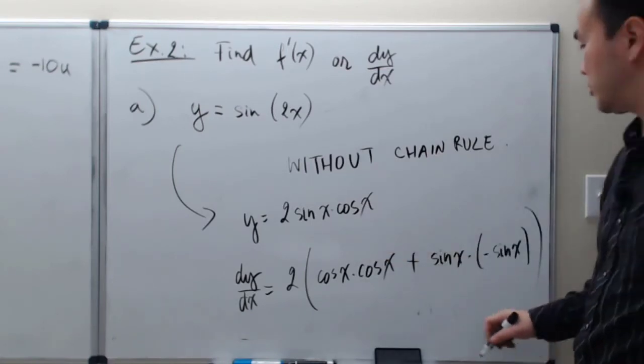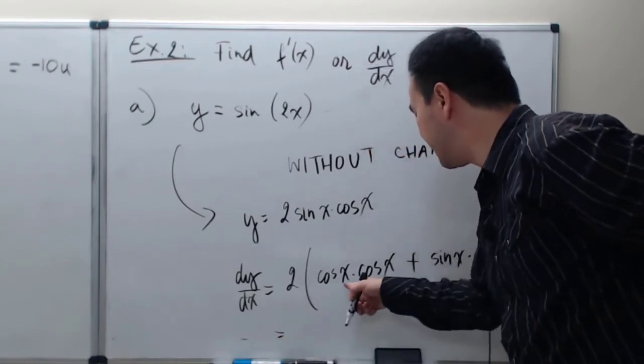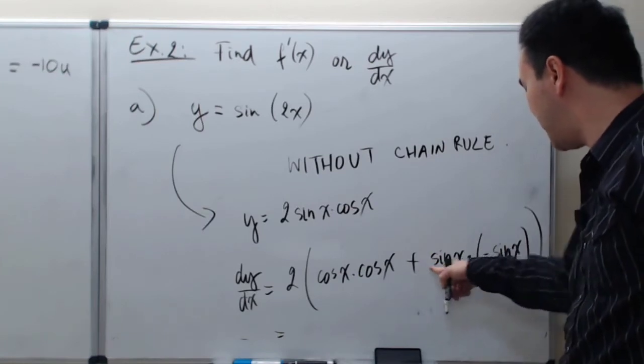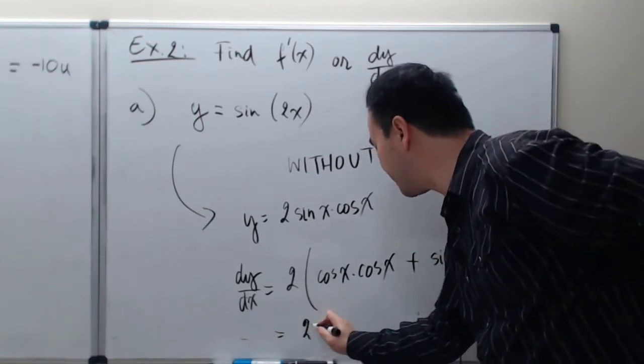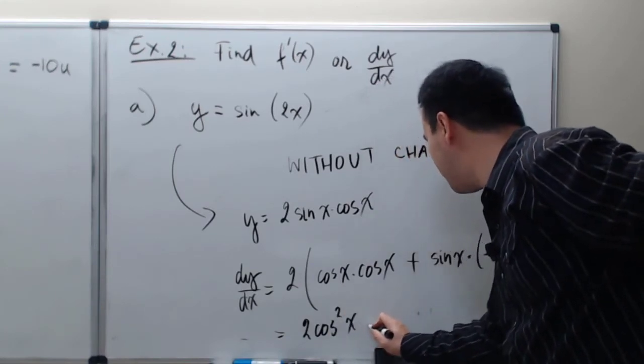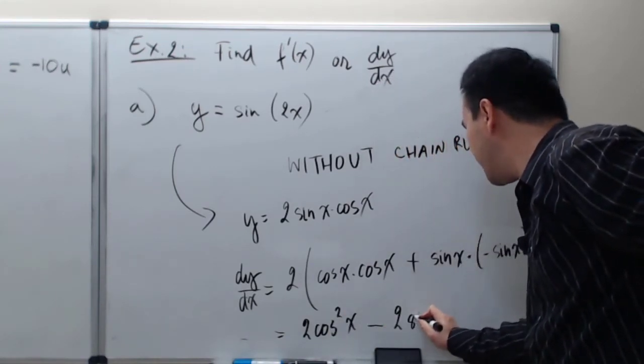So all together, in the end, that is a cosine square, this is a sine square, but minus sine square, so my derivative here is 2 cosine square of x minus 2 sine square of x.